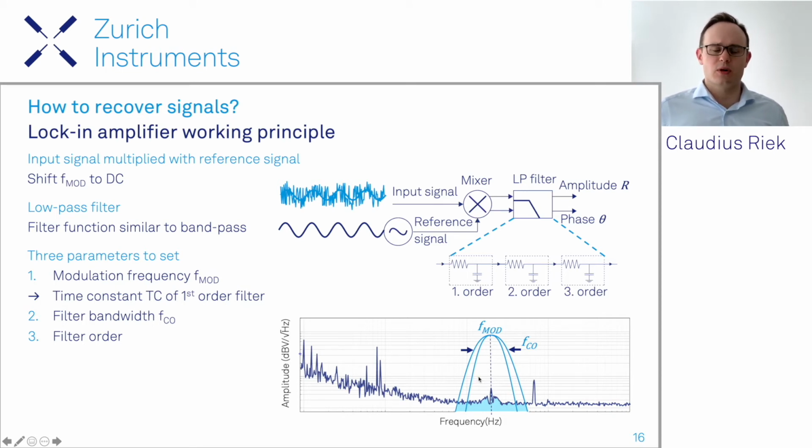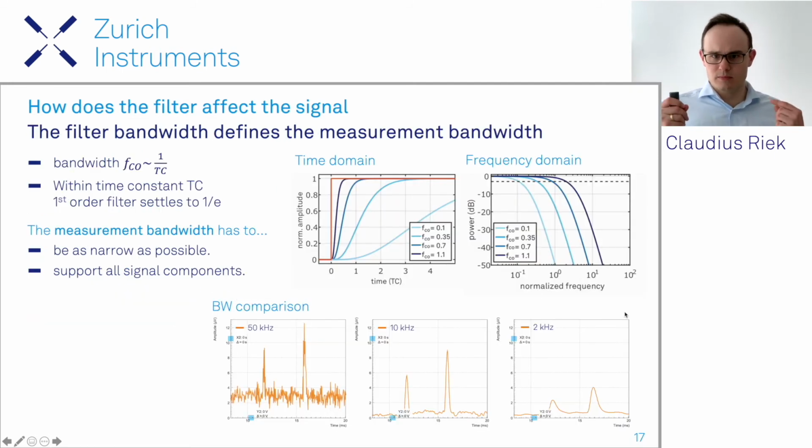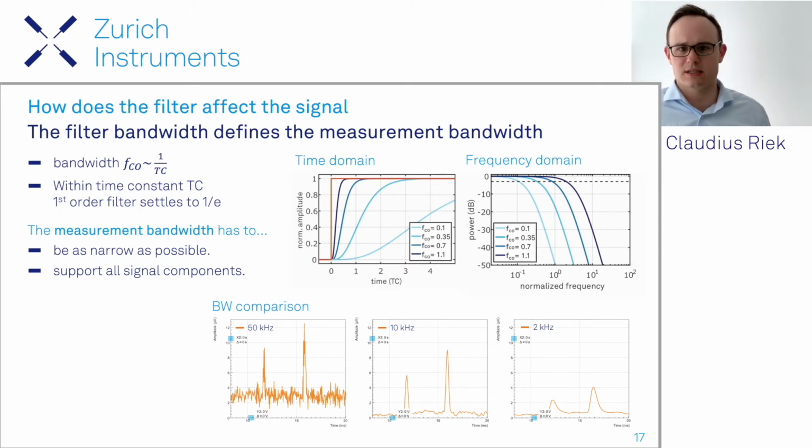And in the end, what is important to understand, there are 3 parameters which you have to optimize for your system. You have the modulation frequency, you have the time constant, which defines the filter bandwidth, and the filter order. Now, let's have a short look at what the filter bandwidth does and why this is important.